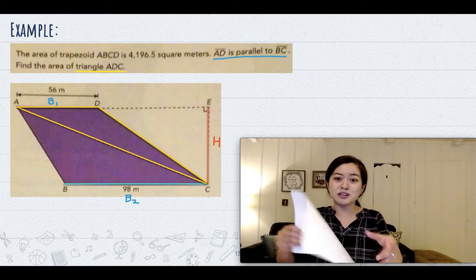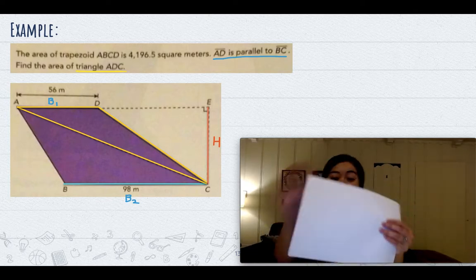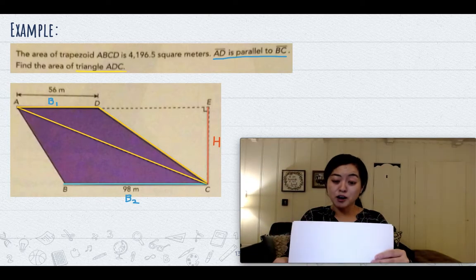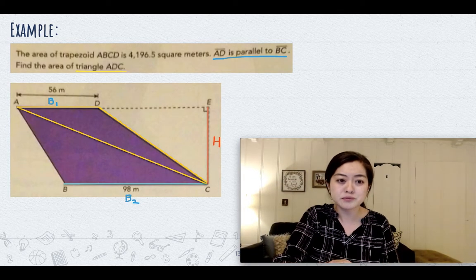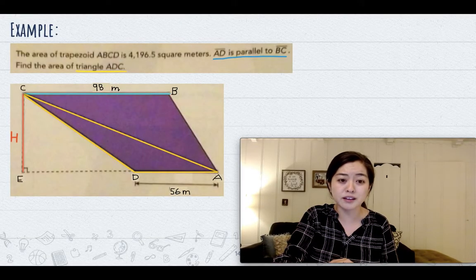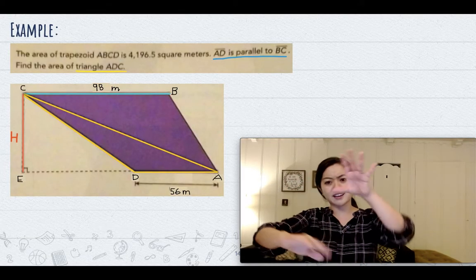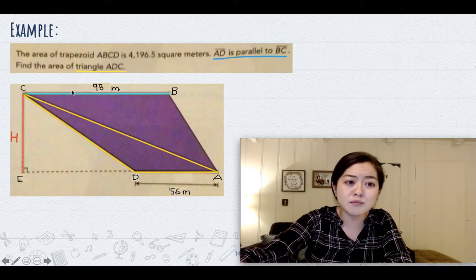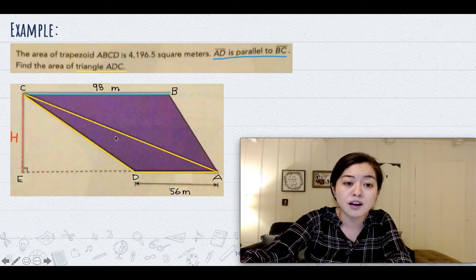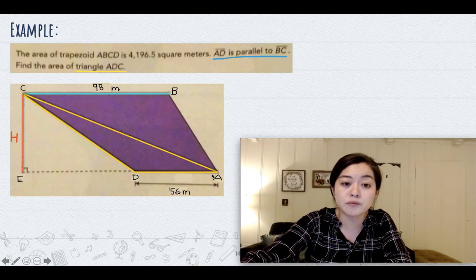But I like to maneuver my triangle so the base is on the floor, okay? So it should look something like this when I turn my shape around. So I kept my trapezoid here, and here is my triangle ACD, or triangle ADC, and my base here is on the floor, okay?